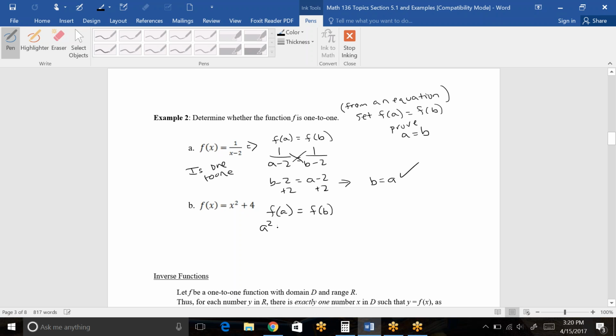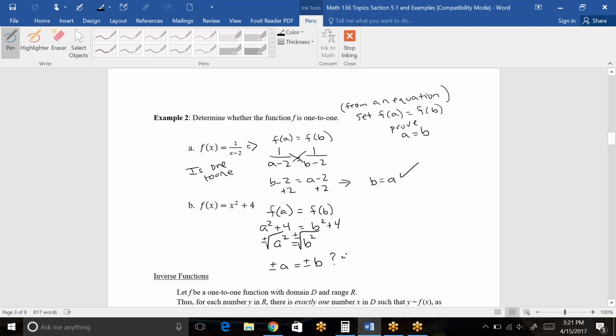So a squared plus 4 equals b squared plus 4. When we subtract the 4's, you get a squared equals b squared. But when you take square roots to get rid of the square, you have to write plus or minus. So we don't know if this is a positive on one side and a negative on the other, or both positive or both negative.